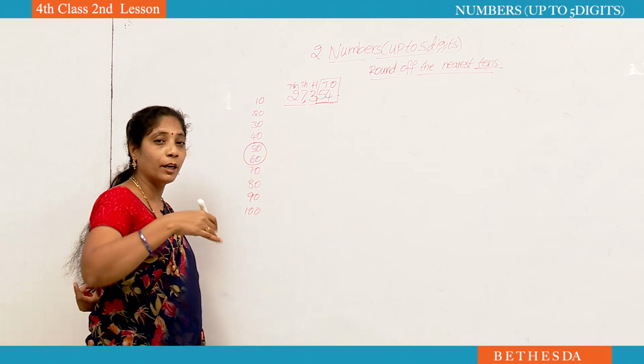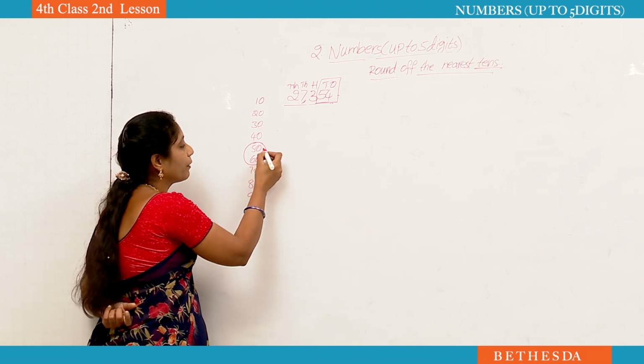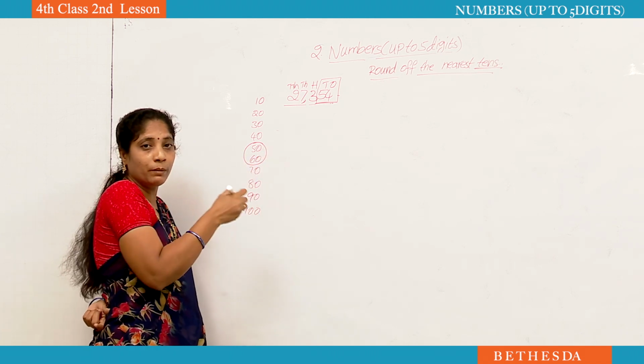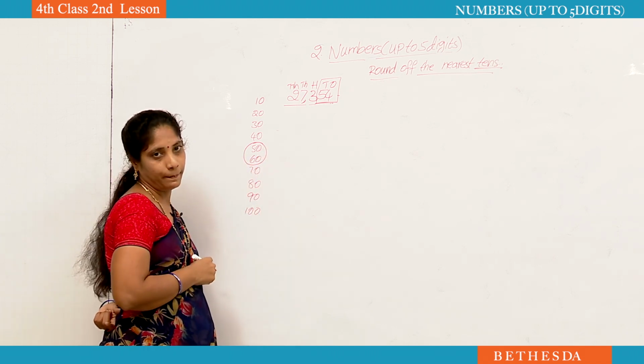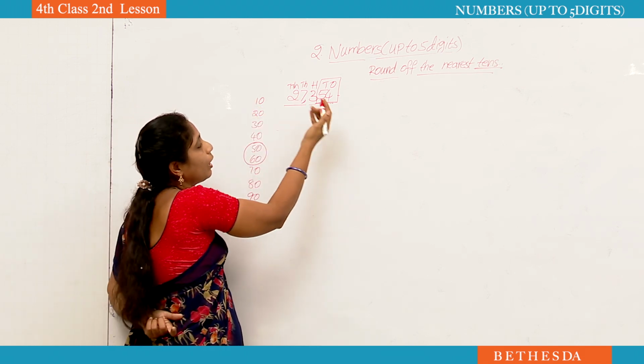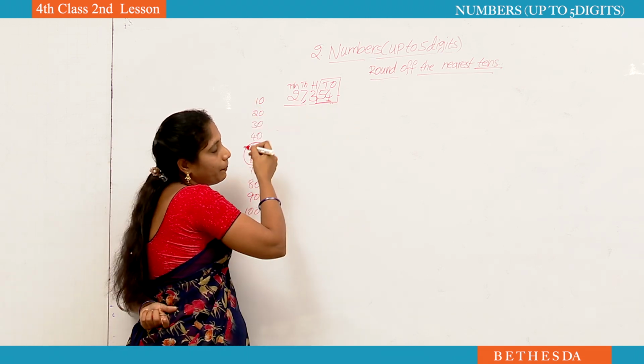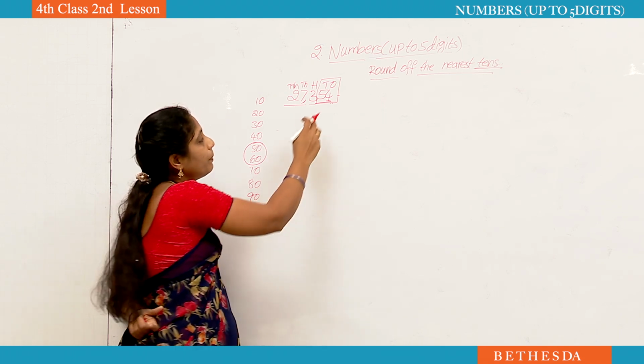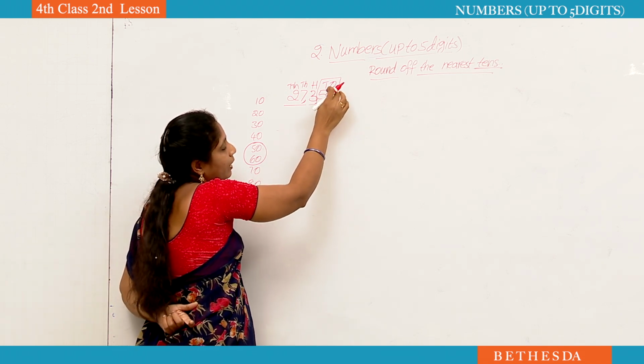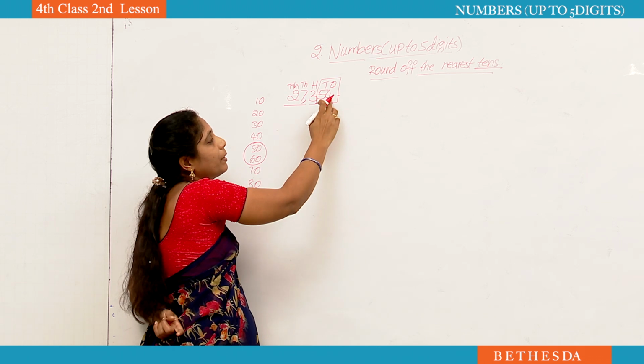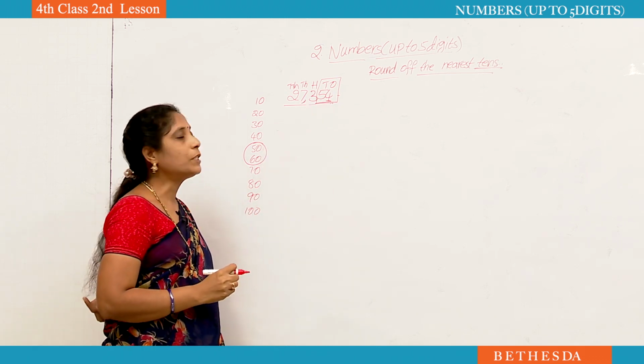Then you will get another doubt. Teacher, you round off to 50 and 60. From these two numbers, which number do we have to take? For that, we have to observe the place before the tens. What is the place? Ones. We have to observe the ones place number.